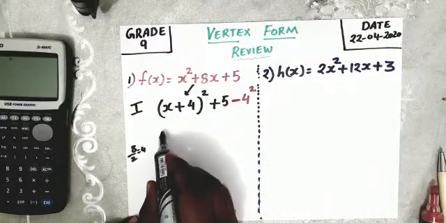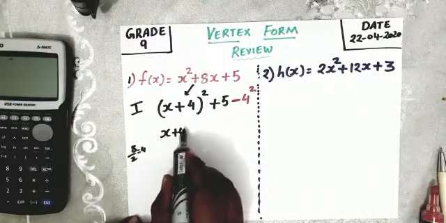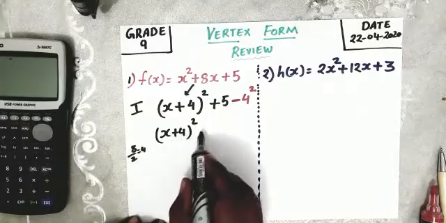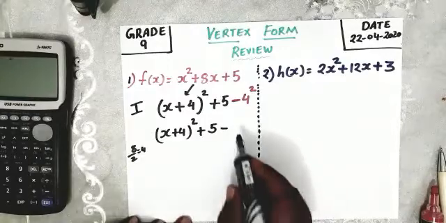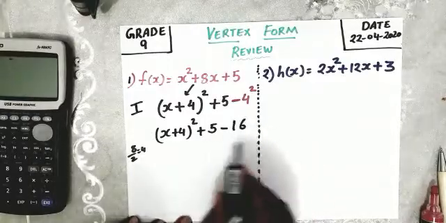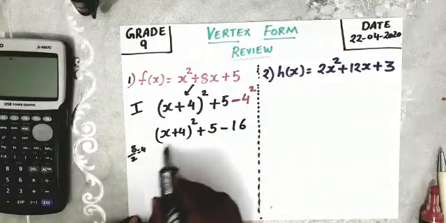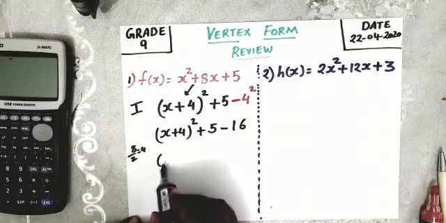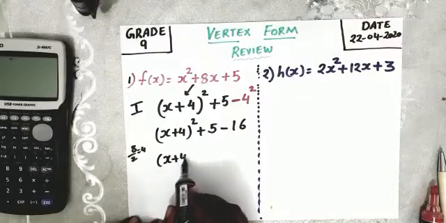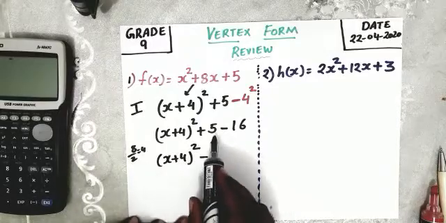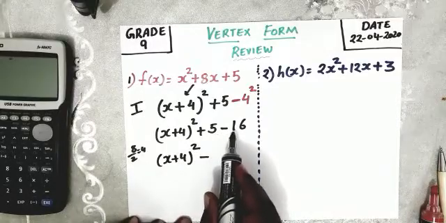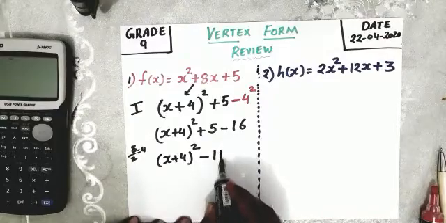So it will become x plus 4 the whole square plus 5 minus, what is 4 square is 16. So just you are playing with the constant now. You're not going to make any changes here. So this will be x plus 4 the whole square minus 5 minus 16 is going to be negative 11.